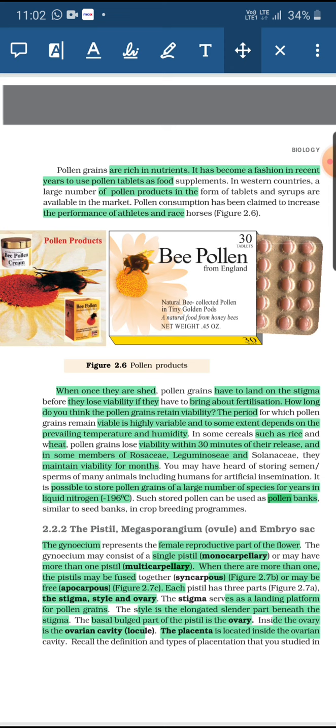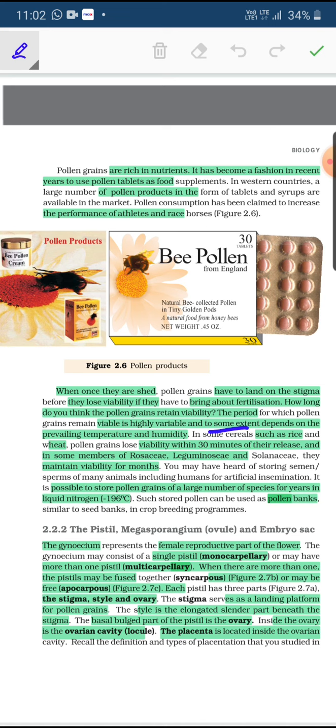In certain cereals, like rice and wheat, the pollen grains lose their viability within 30 minutes. But if you talk about plants belonging to Rosaceae, Leguminosae and Solanaceae, they remain viable for many months. So the viability of pollen grains is very different in different species of flowering plants.